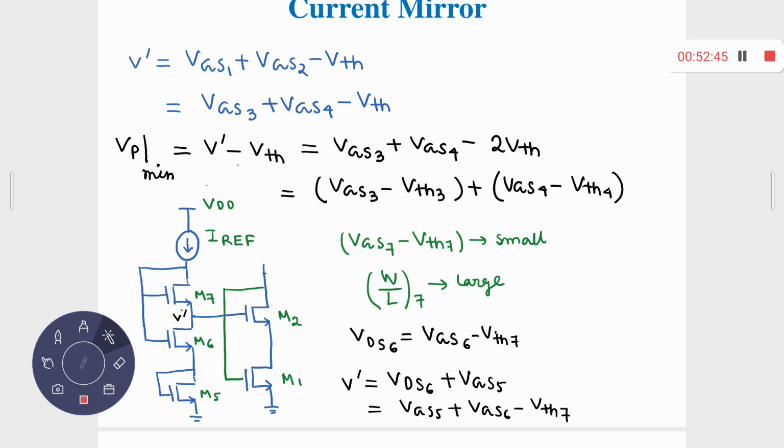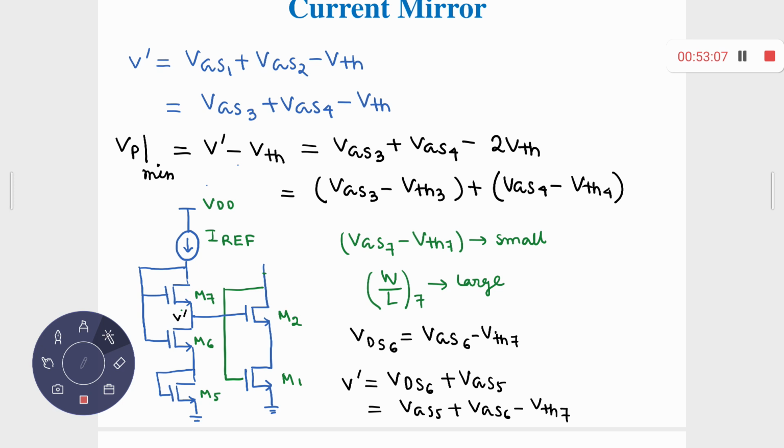With one restriction, that VGS7 minus VTH7 for this one, MOS7, is small enough. What is the advantage? If this is small enough, we have the same current, same I reference, flowing through M7, M5, M6.